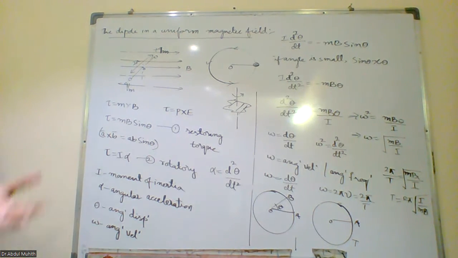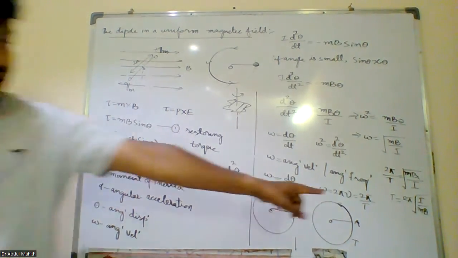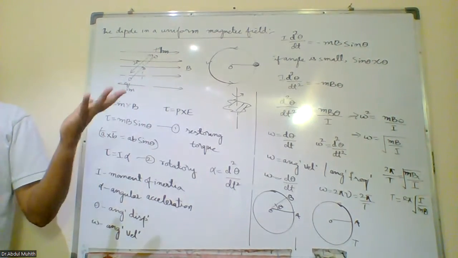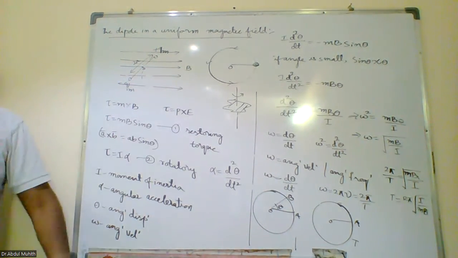How much time it takes to complete one oscillation is said to be the time period. It depends upon the moment of inertia, M is the magnetic moment, B is the magnetic field. Just substitute the values and you will get the time period, the time taken to complete one oscillation.